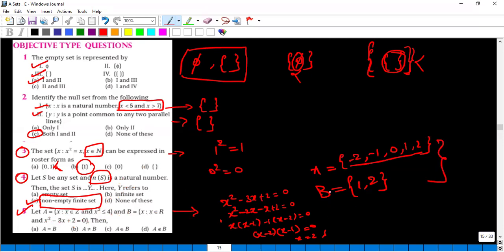I mean equal? No, they are not equal, obviously. Yes, A belongs to B? No. A does not belong to B. This option is also not correct. So we have only one correct option, that is A is not equal to B.